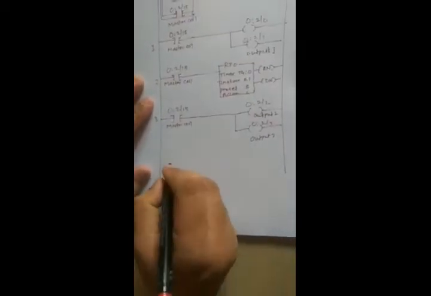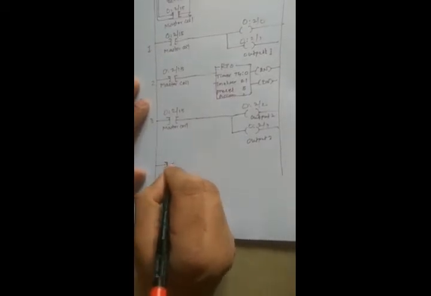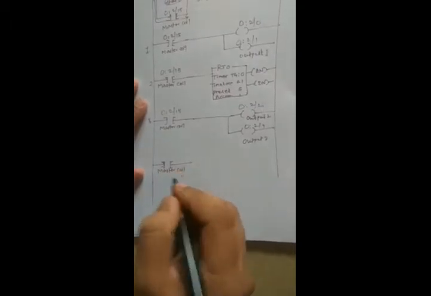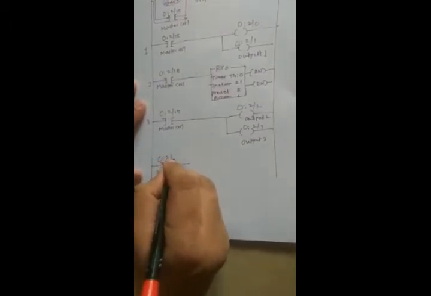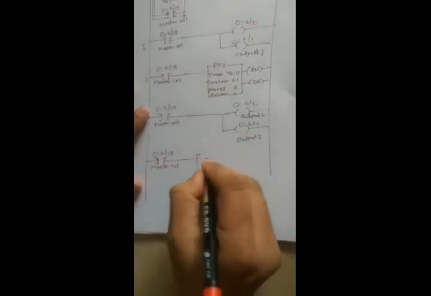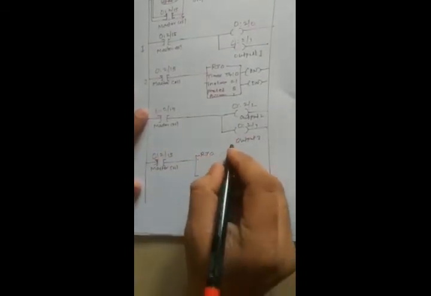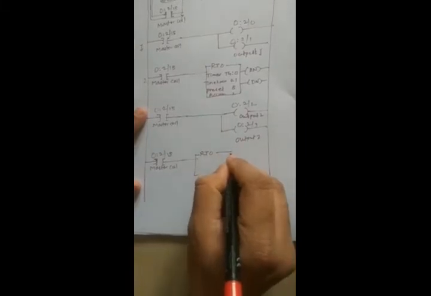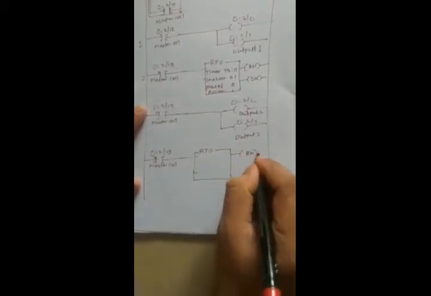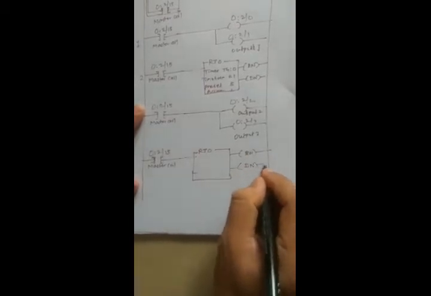Now again the same contact is to be used, as we have to control the sequence of lights. So we will require a timer for this output to keep it at a particular preset value. So add one more retentive timer over here, and show the enable bit and done bits of the respective timers.